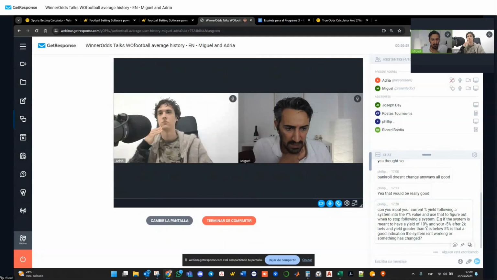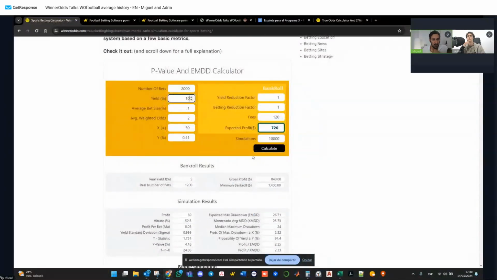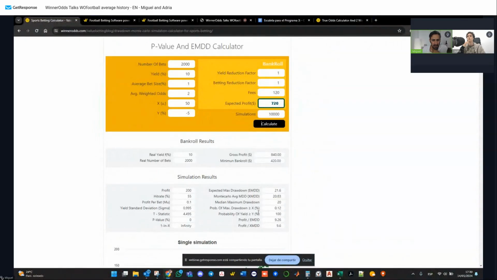So, which is the probability of getting a yield lower than minus 5%? The probability of getting a yield higher than minus 5% is 100. So this is probably not the long-term yield.